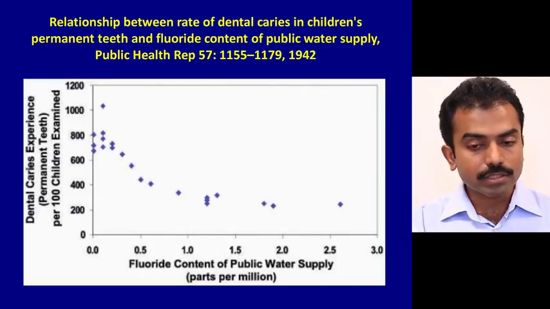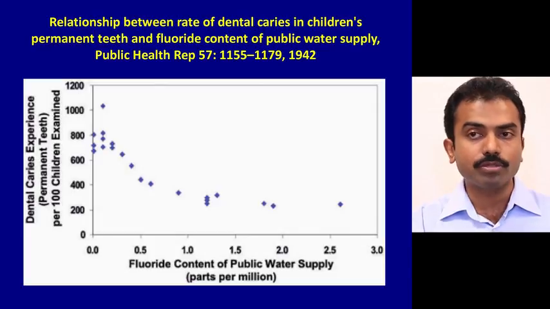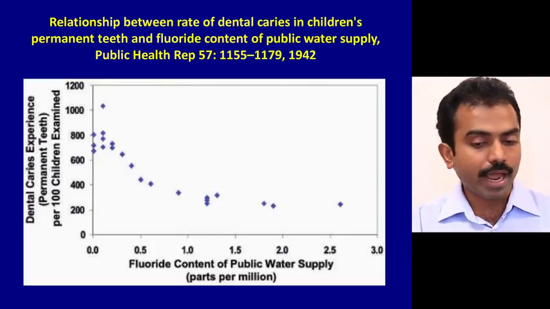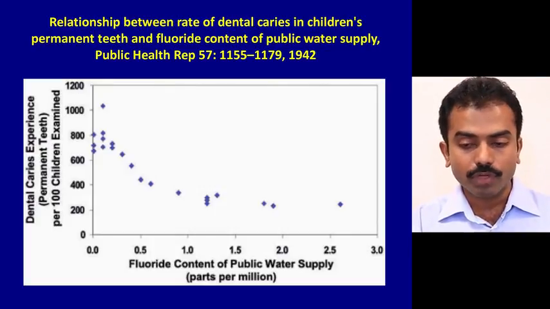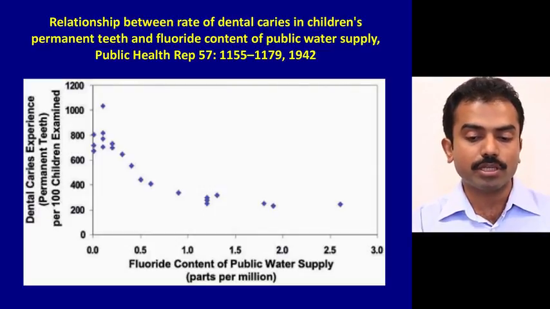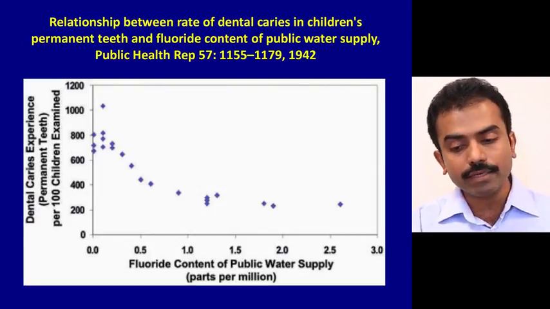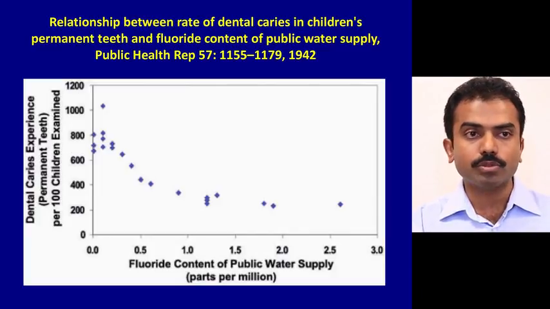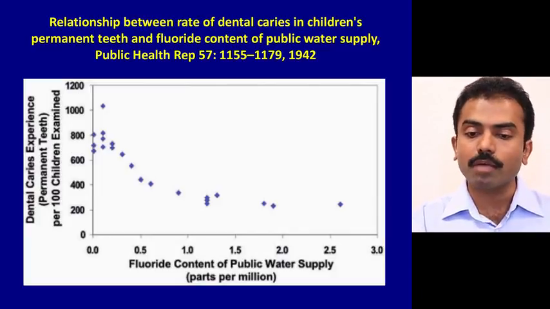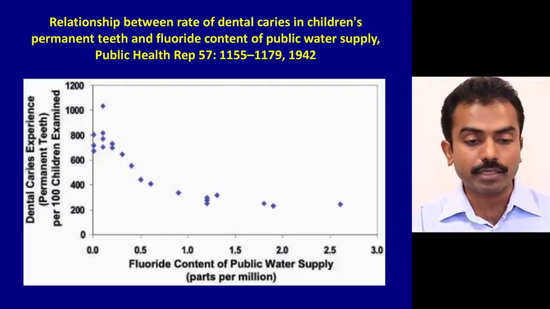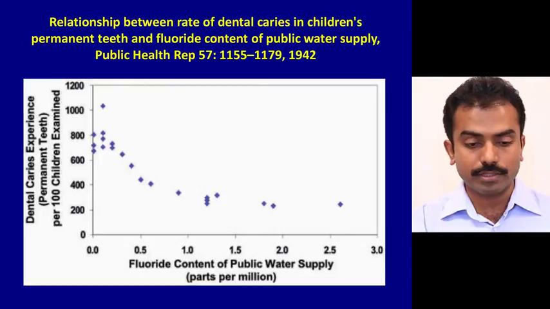So these studies, ecologic studies, are very quick to conduct, often use existing data and don't require any ethics approval, no interaction with patients, nothing. We are usually using existing data sets and get information, do a scatter plot, see if there are associations. And often this can be the first step to identify possible hypotheses and possible associations which can be studied in greater detail using other study designs.